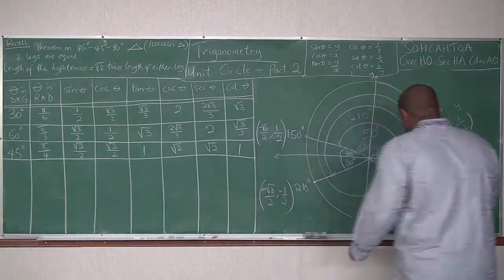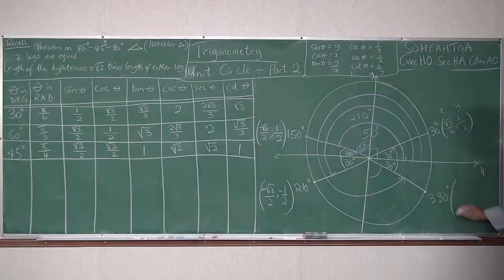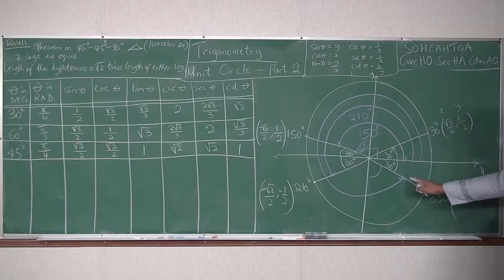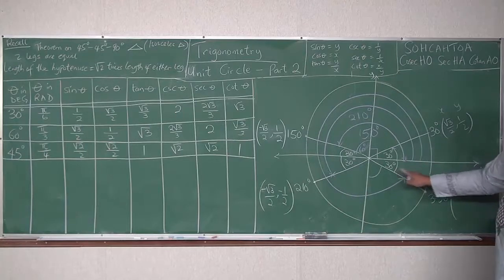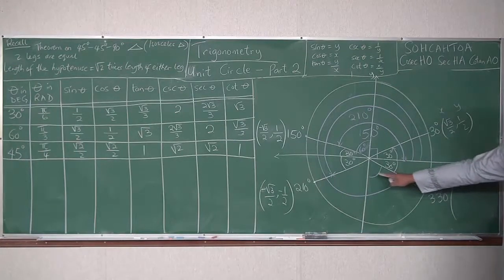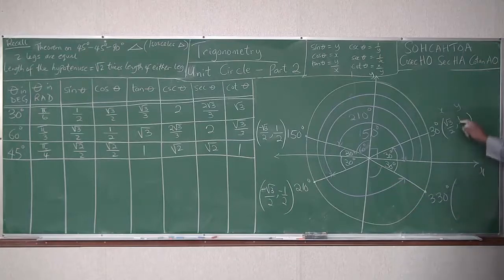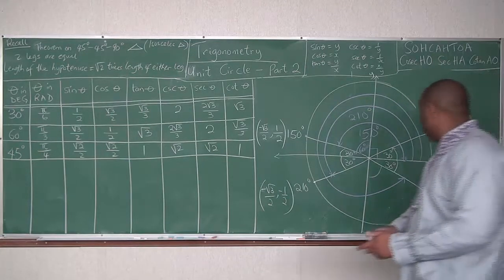Then you come here, fourth quadrant. X is positive, but y is negative. So x is positive root 3 over 2, and y is negative 1 over 2. That is it.